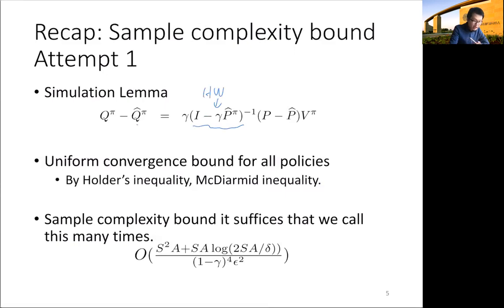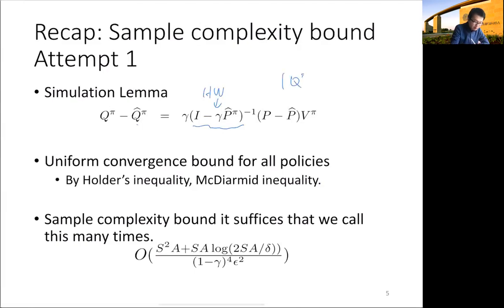In particular, every row of this matrix is an occupancy measure of this policy starting from the initial state corresponding to that particular row, and so this is really the occupancy measure multiplied with the differences in the values.